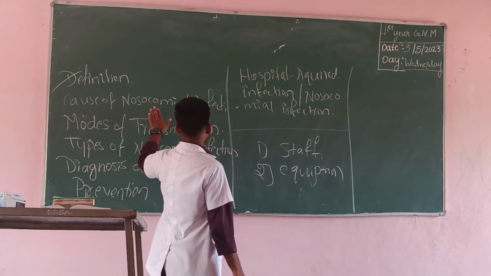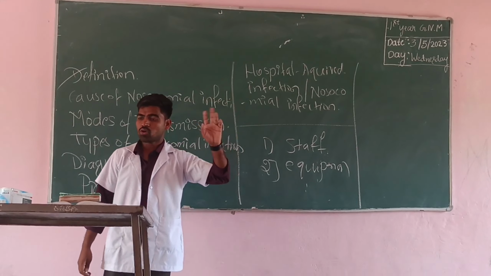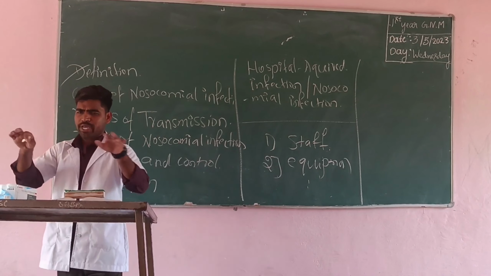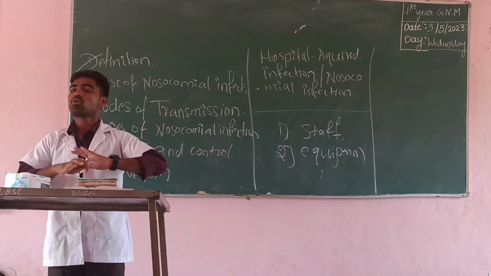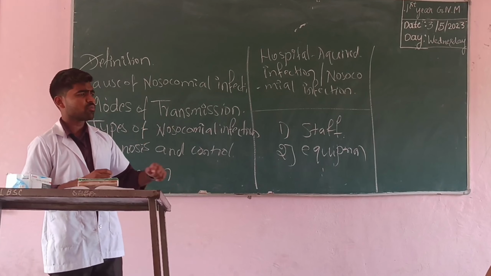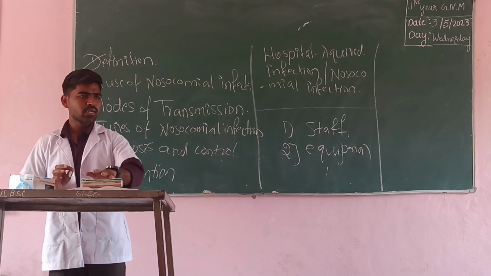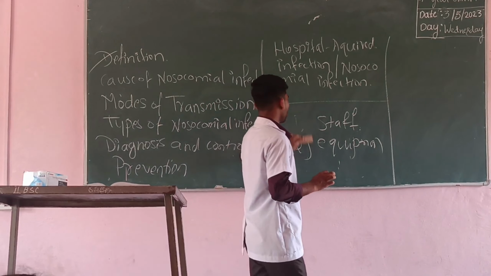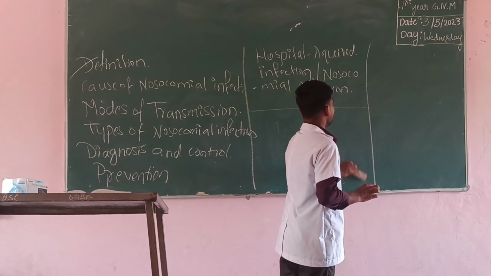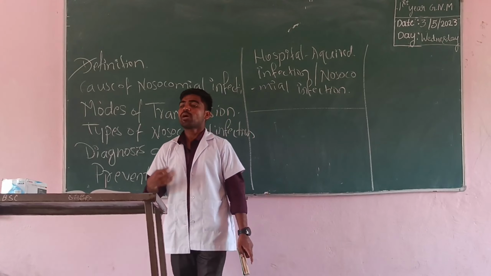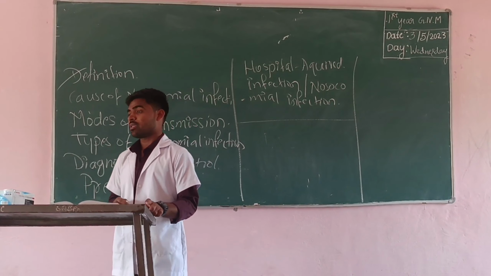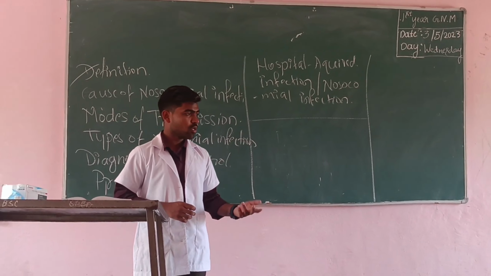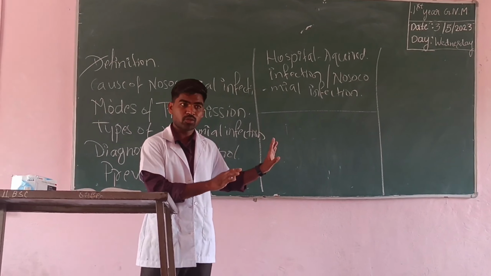Here are the two causes of nosocomial infection: staff, meaning all the staff, and equipment, meaning all the equipment, that lead to secondary infection in the patients. Sometimes staff also get the infection in the hospital, not only patients.